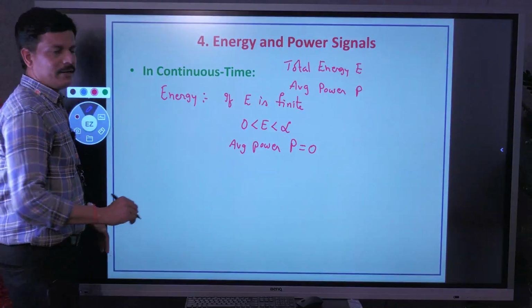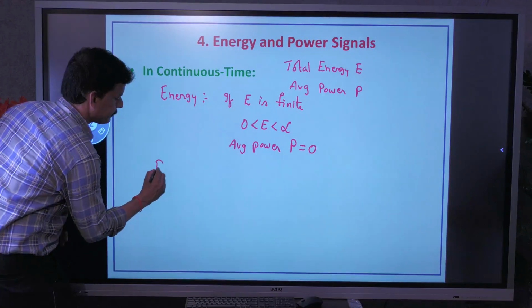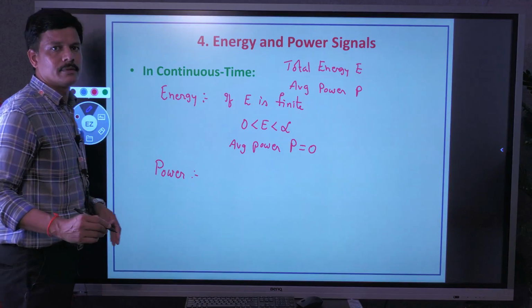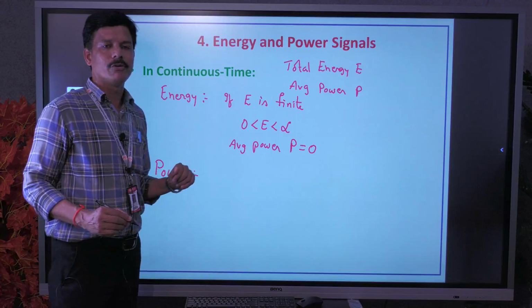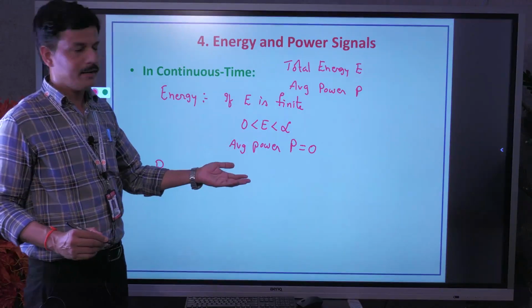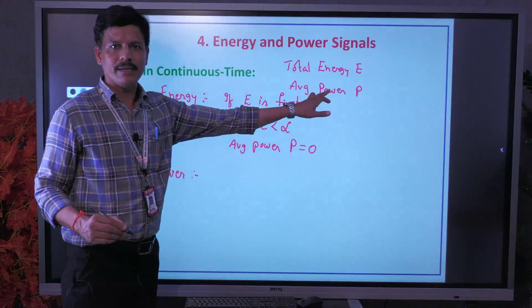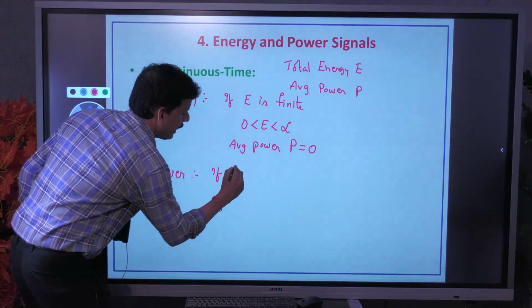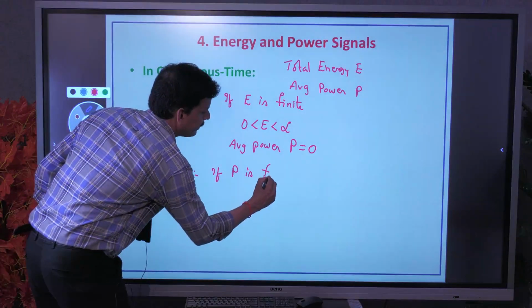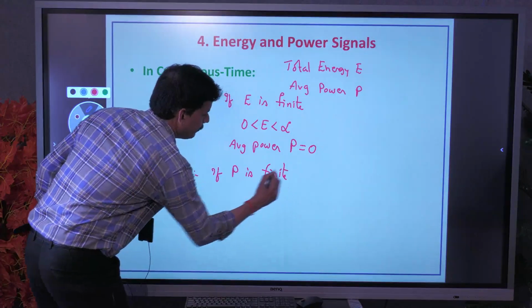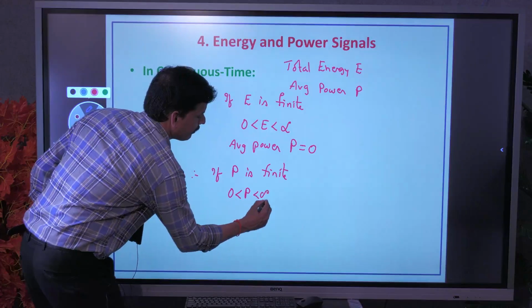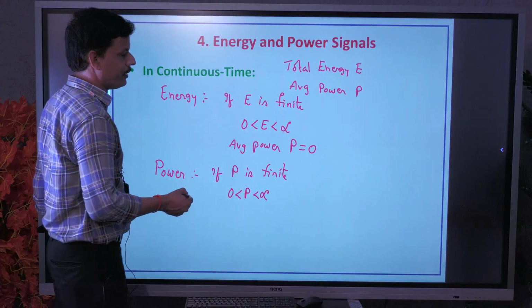Similarly, we can define the power signal. We can apply the same concept here also. A signal is said to be a power signal if the average power P is finite, that is, 0 less than P less than infinity. Finite means less than infinity.